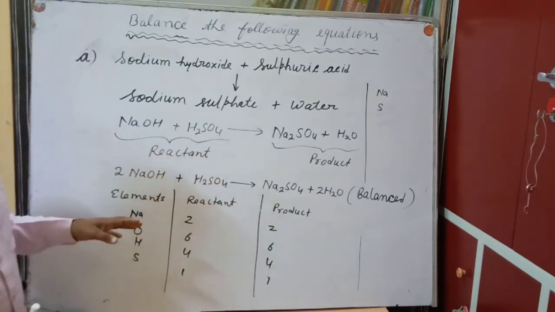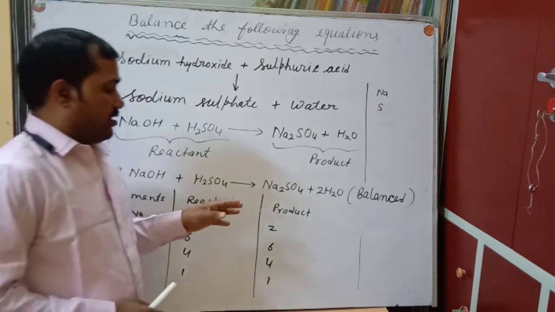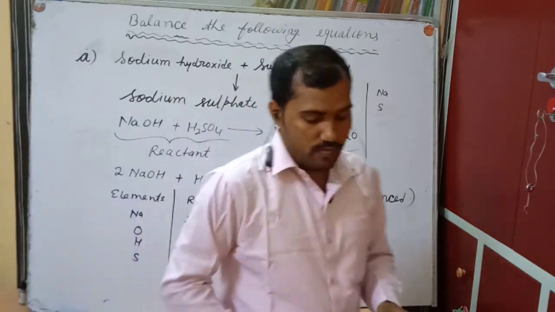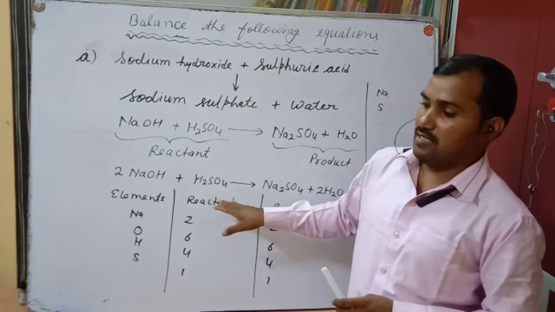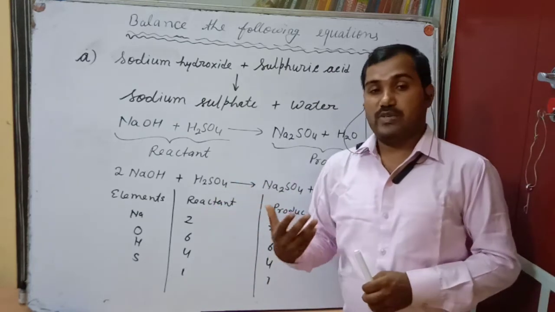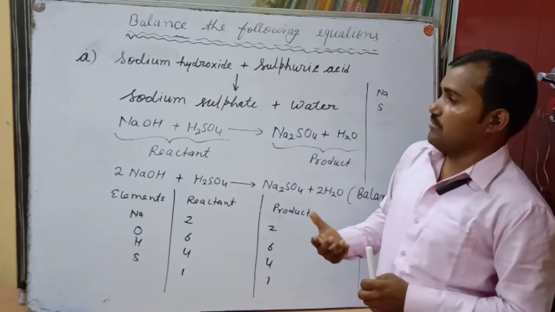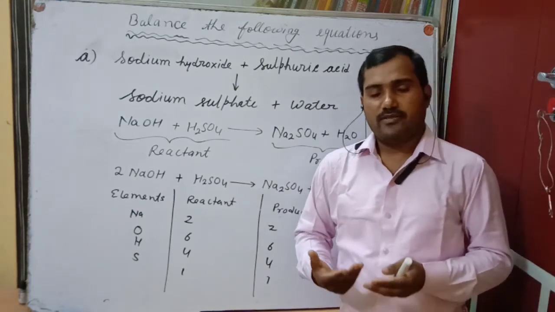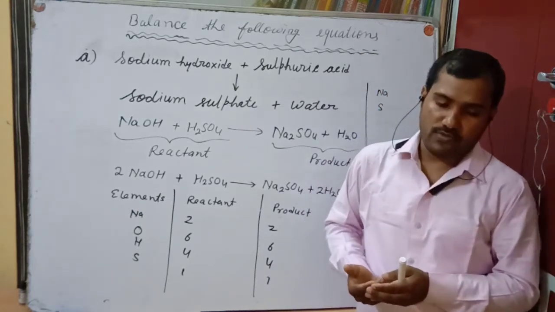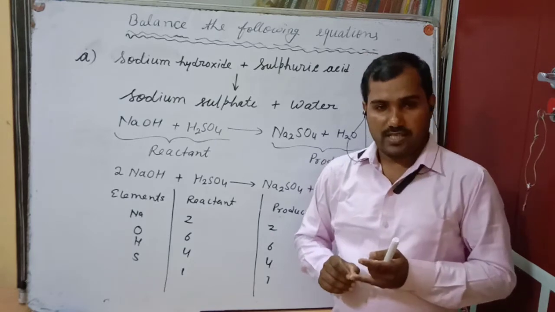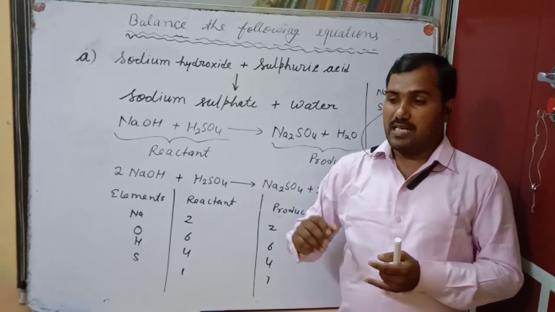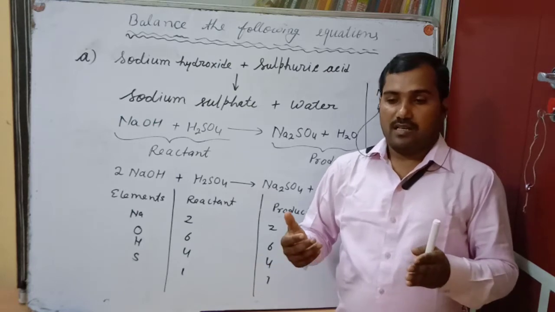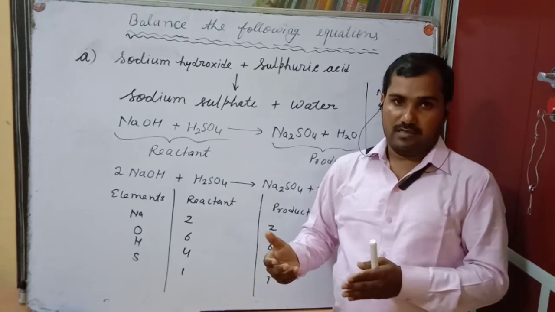Okay, and one more thing. If we are unable to balance the chemical equation by the hit and trial method, then which method can we use for balancing? For that, a very simple and easy method we are using is the oxidation reduction method, and the second is the electron method.